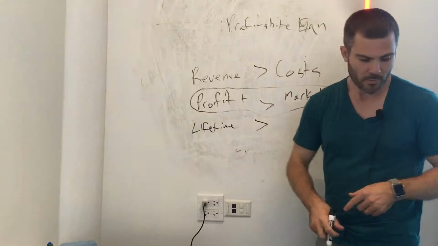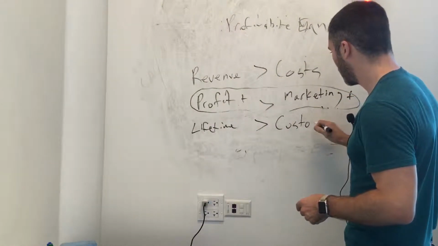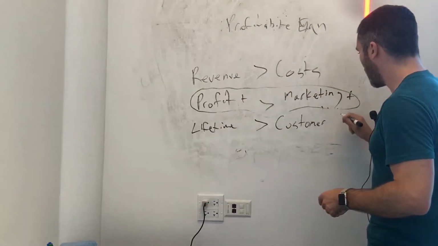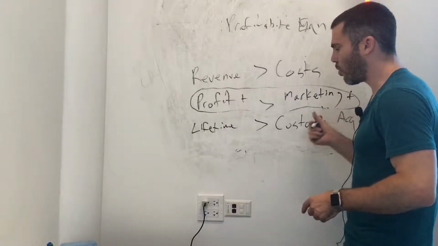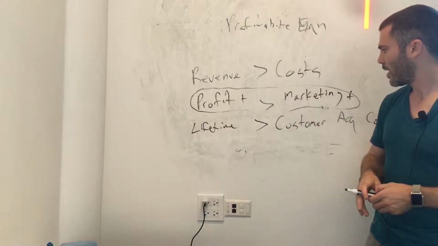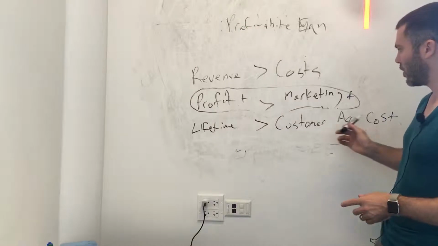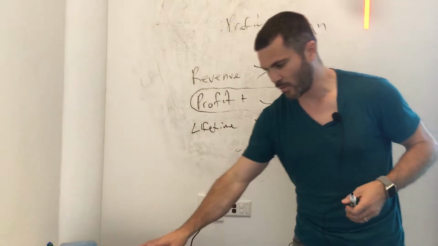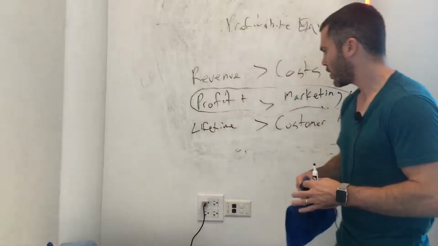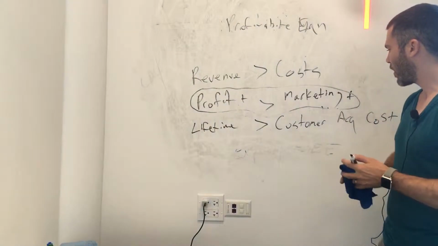And on the right side, marketing, this is what we call customer acquisition cost. That's the amount of money that we require to spend to acquire a customer. So we end up with lifetime value needs to be greater than customer acquisition cost in order for us to have a profitable business.